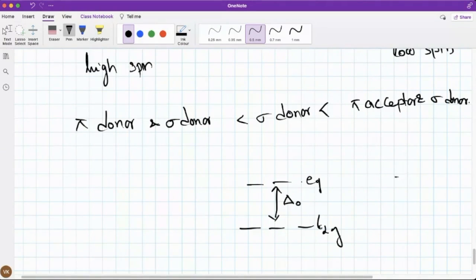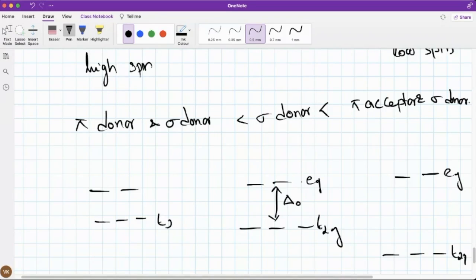So when you have these pi acceptor sigma donors, it decreases the T2g energy level, whereas here it increases the T2g energy level. So the delta naught will be lower here and higher here. That's the reason these behave like a strong field ligand, and this is a weak field ligand.